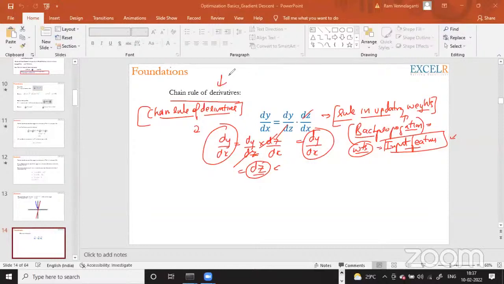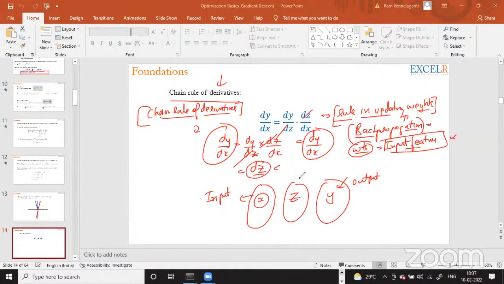dy by dx is equal to dy by dz into dz by dx. So you have your input layer. This is x, your input. You have your output. And then in between you have something called z, or you can call it the hidden layer.